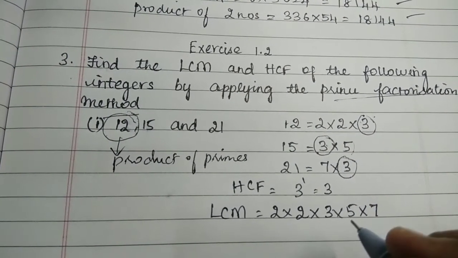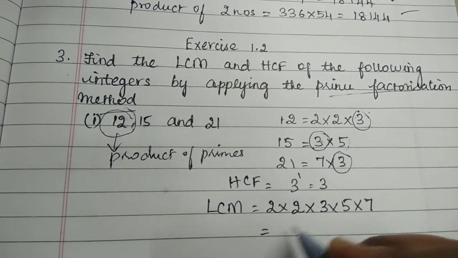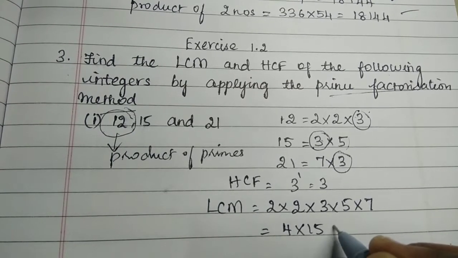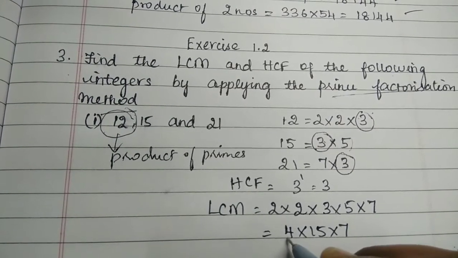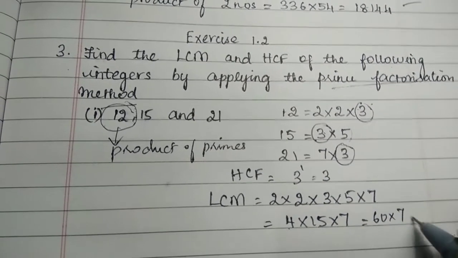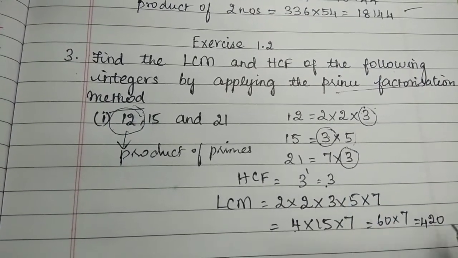Okay, you can represent it as a single prime. So now you have to find the answer. So 4 into 15 into 7. So 15 into 4 is 60, into 7 is nothing but 420. So HCF is 3, LCM is 420.